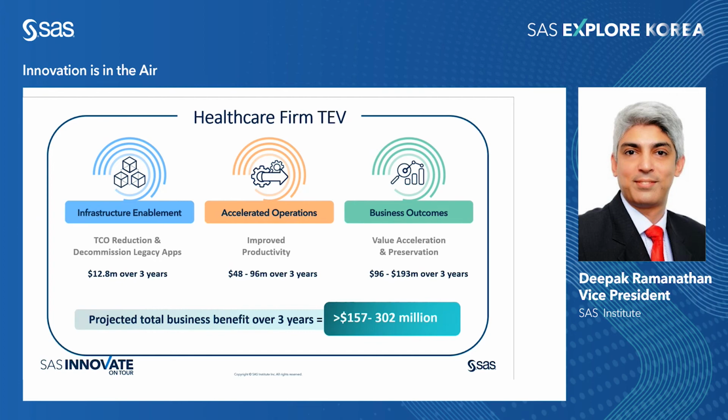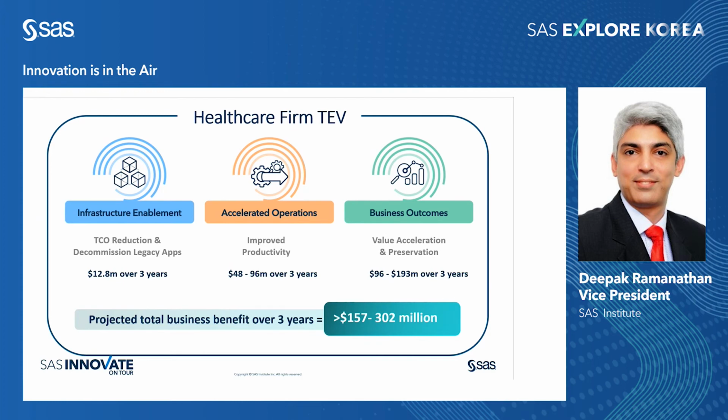How do I make my existing applications run faster? How do I use newer techniques, newer capabilities that are coming as part of the AI, machine learning, algorithm base, right? And most importantly comes the business outcomes. The business outcomes assess across their strategic goals for this healthcare firm, current limitations, and the value enablers and accelerators based on where the client wanted to focus.